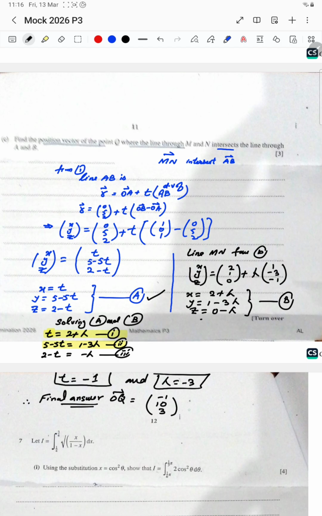So (-1, 10, 3) is the coordinate of Q. I hope it is clear. Very simple.